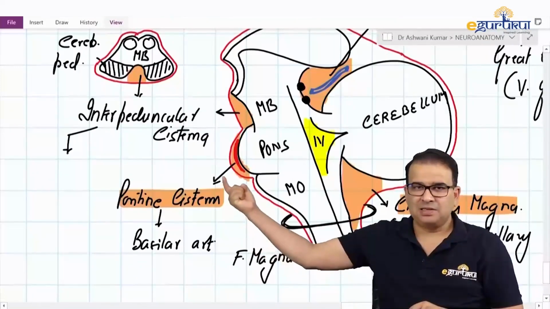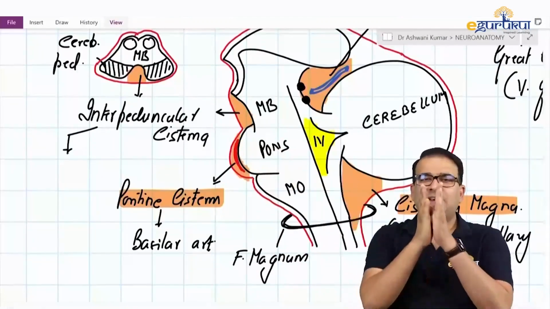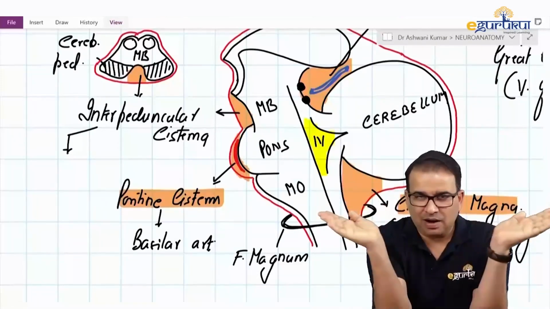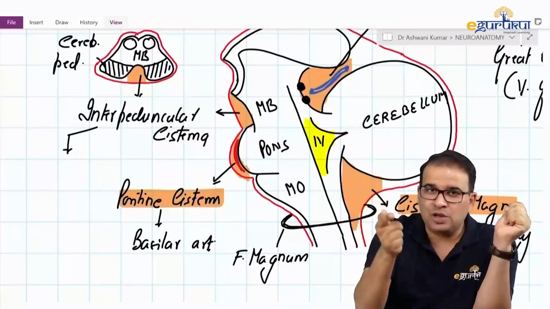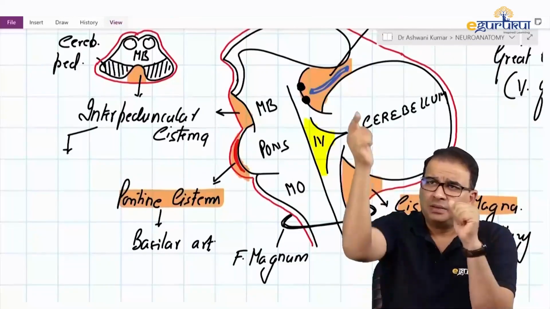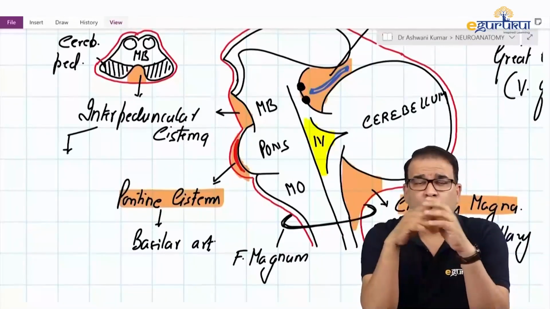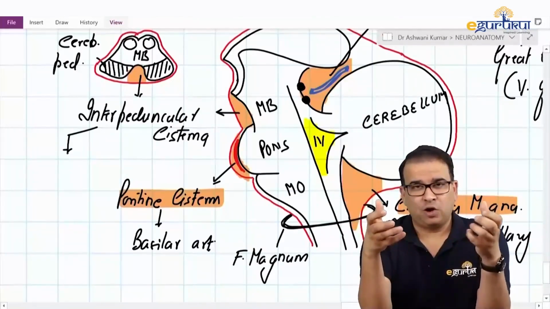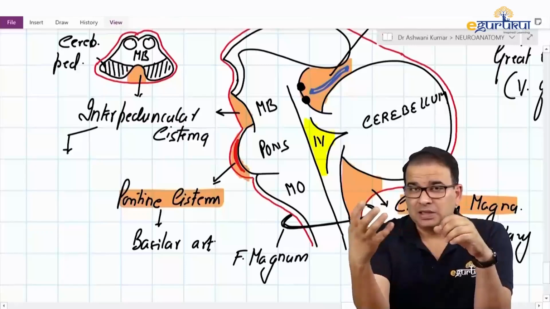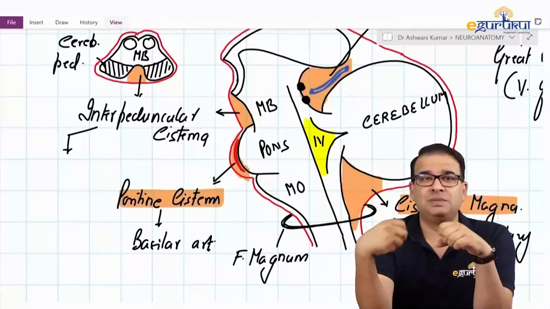Now imagine the basilar artery is going above here, and we know that the basilar artery divides into the posterior cerebral artery, and this posterior cerebral artery is joined by the posterior communicating artery. They are all part of what? They are all part of the circle of Willis. So not the entire circle of Willis, the posterior part of the circle of Willis will be seen in it.